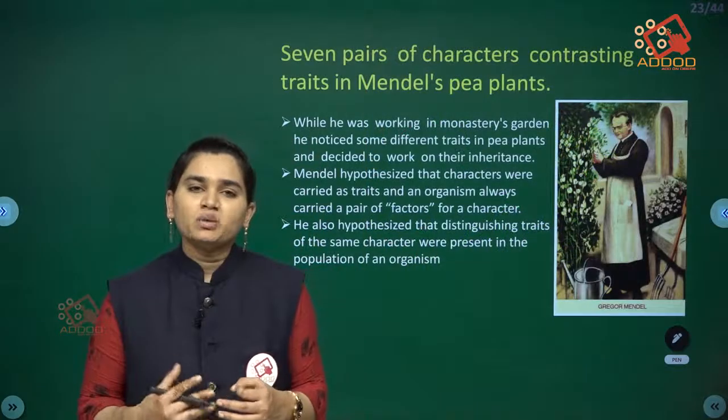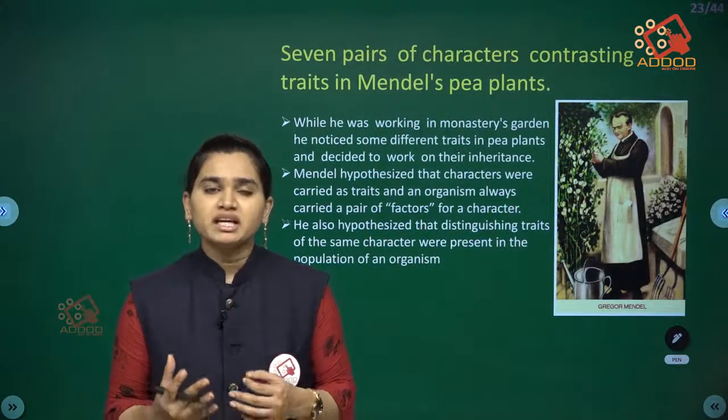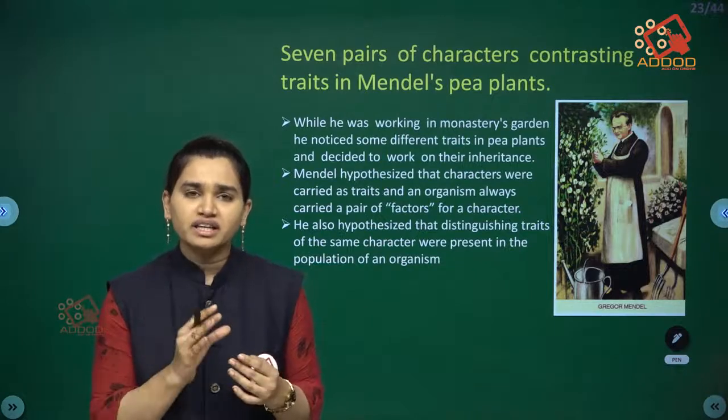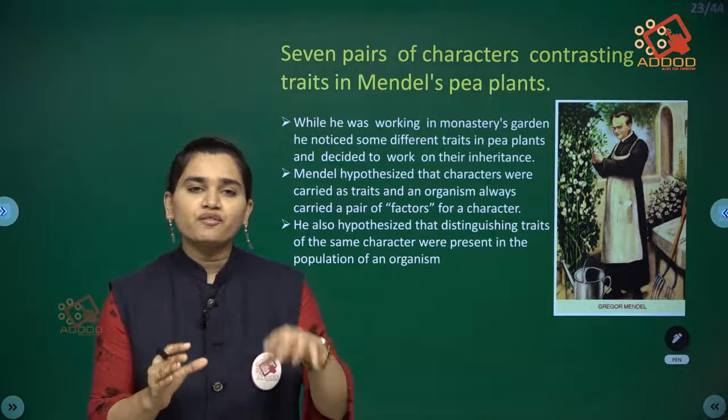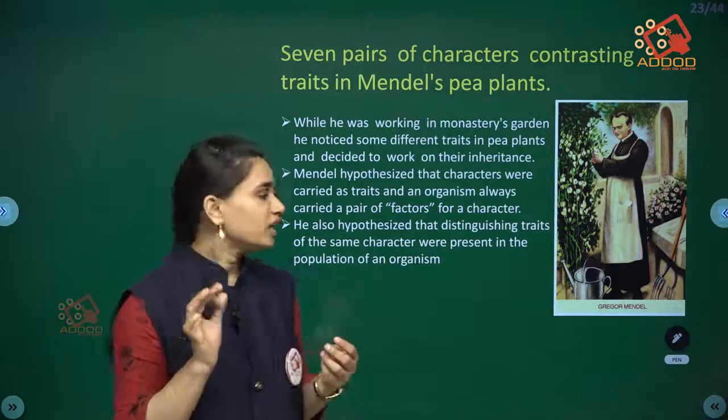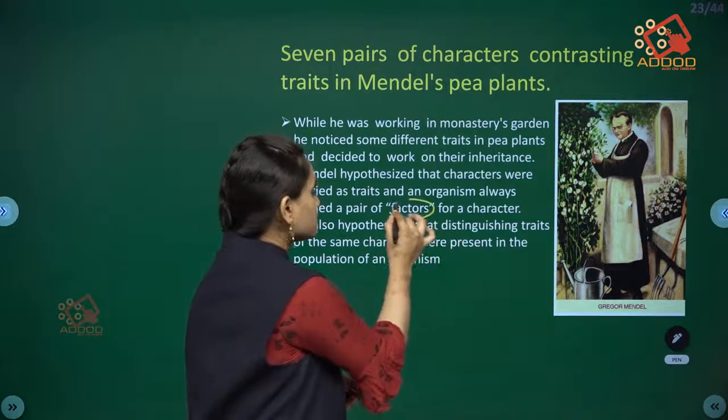Now, when Mendel was studying these pea plants, he observed that there is something responsible for giving these characters. That part he named factors.